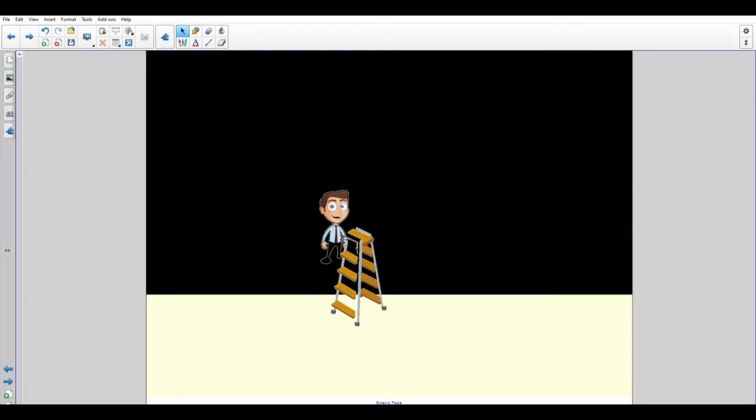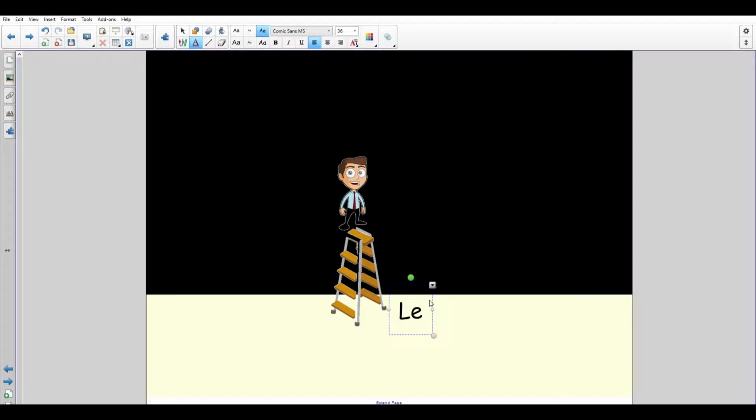Would it take more or less energy to climb up the ladder? It would take a bit less. Because he's on the Moon, gravity is less. Because the gravity is less strong, he's got less gravitational potential energy on the Moon than he would on Earth.